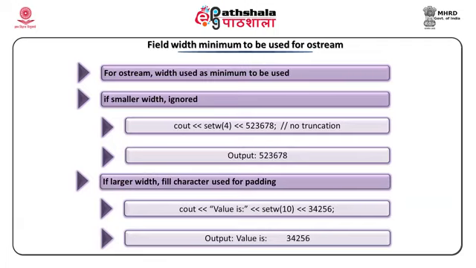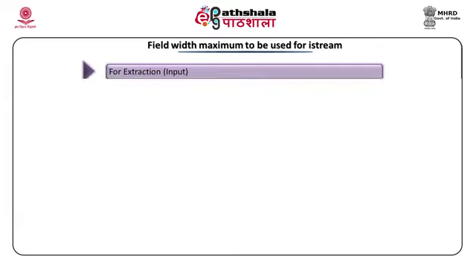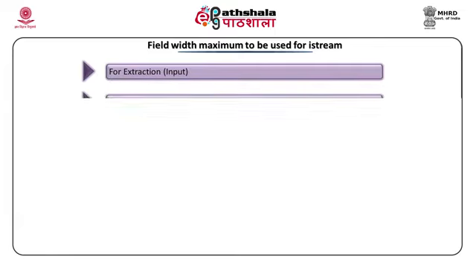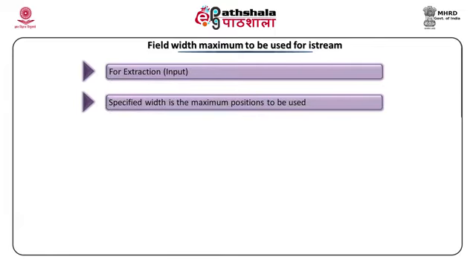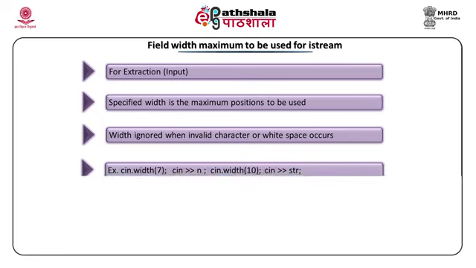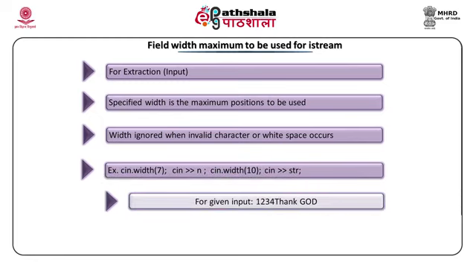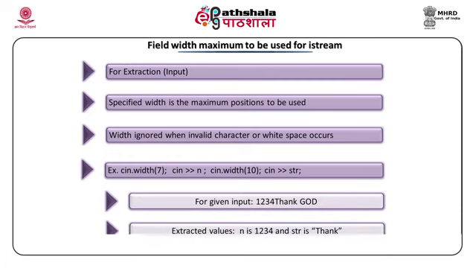For istream, that means when we are taking the input, it is considered as the maximum to be used. So, if I specify 7, maximum 7 is to be used. After 7, the extraction should stop. But in case an invalid character appears before the specified width, then that width is ignored. So, in the given example, when I say cin.width(7) and cin >> n, cin.width(10), cin >> str.